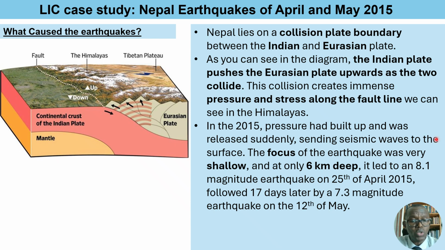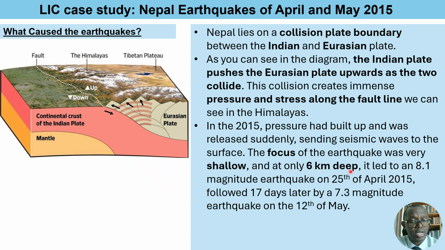Now, talking about its focus, the focus is the point below the ground where the rock gives way. If that is deeper, down into the interior of the Earth, then the seismic waves will not be as powerful when they reach the surface, because they are traveling in a circular motion, spreading outwards and coming towards the surface.